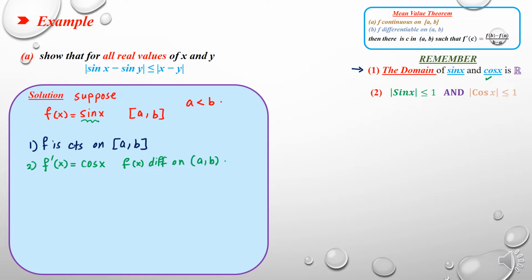So the two conditions of the mean value theorem are satisfied for the given function f of x equals sine x on the closed interval from a to b, which means there is c belonging to (a, b) such that f prime of c equals f of b minus f of a divided by b minus a.